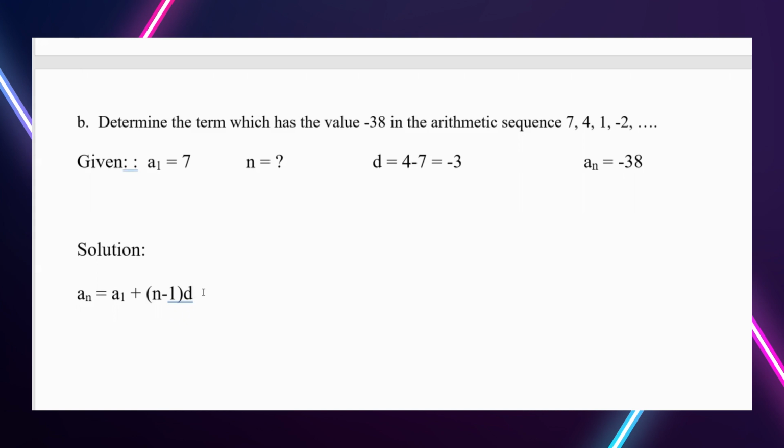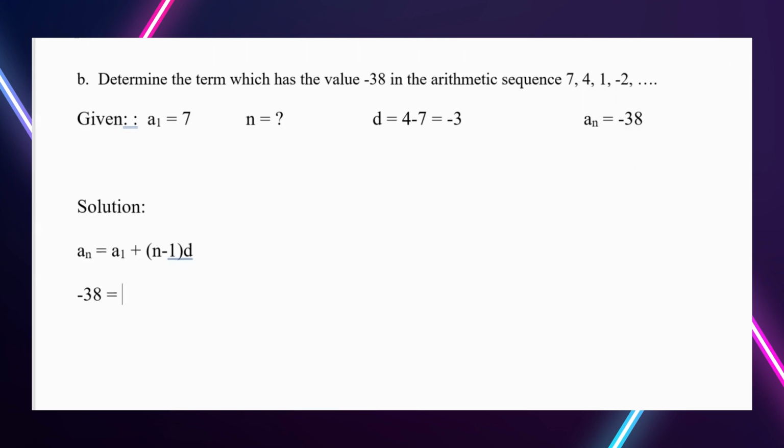So using the arithmetic sequence formula, a sub n is equal to a sub 1 plus the quantity of n minus 1 times d. We have to substitute the value. So a sub n is equal to -38 is equal to the first term, which is 7 plus n minus 1 times the common difference of -3.